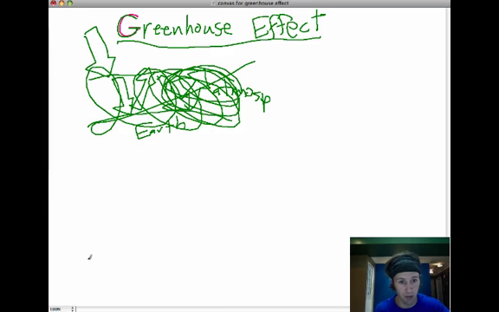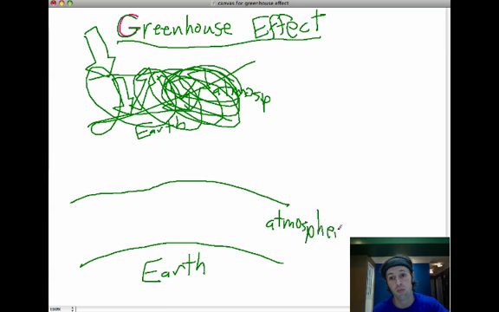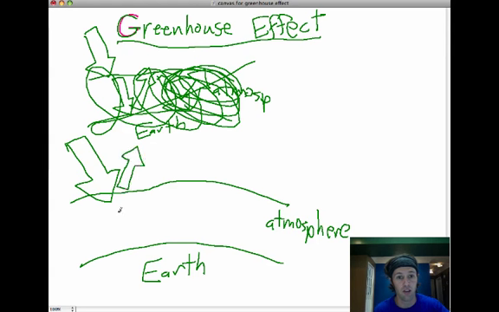What is actually happening is you do have the Earth surface, and you do have your atmosphere, and you have all the sunlight coming in. Some of it does bounce off the atmosphere and never makes it. Much of the visible light, though, will go through and hit the Earth.